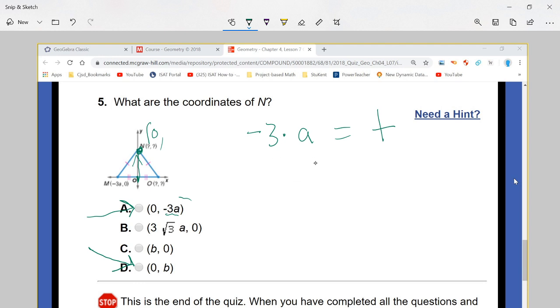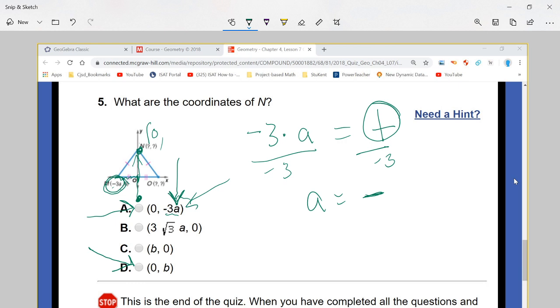And therefore, if I divide by negative 3, a would have to become negative. But that can't be, because negative 3 times a over here is a negative value. So I know negative 3 times a, this answer right here, is a negative value, and it would not be above the x-axis. It would be down here below the x-axis. So I can rule that answer out.